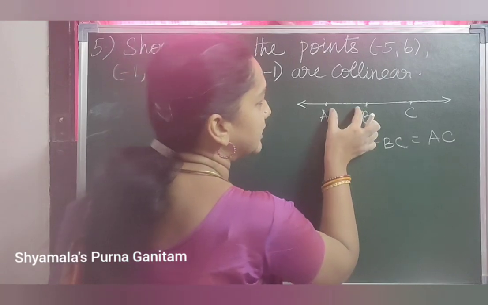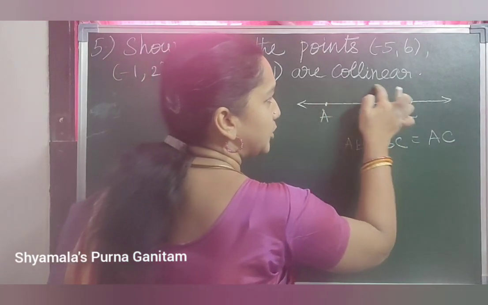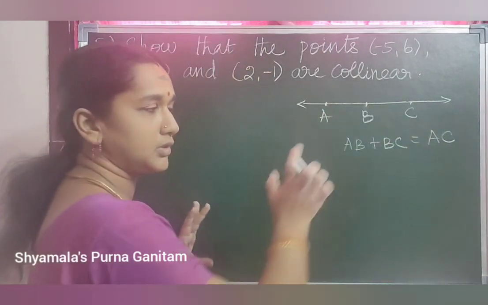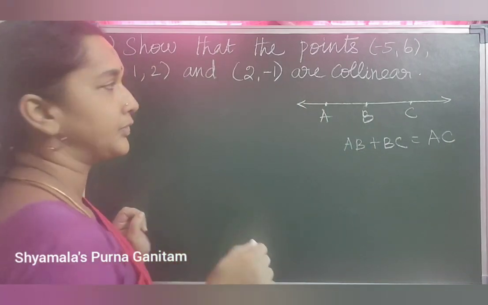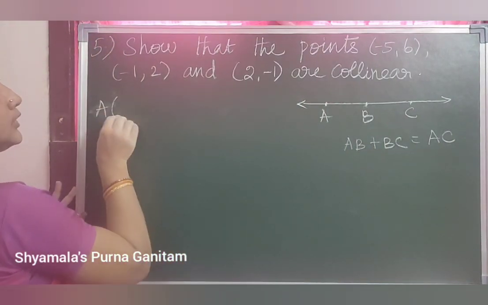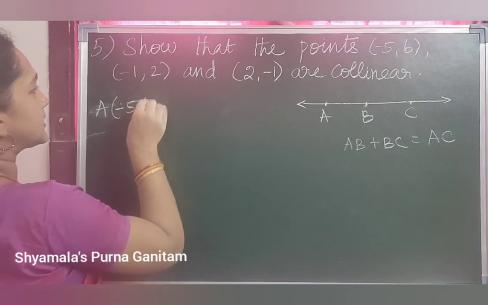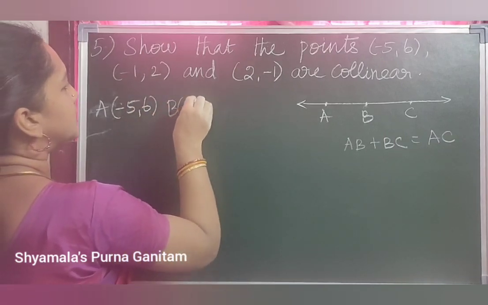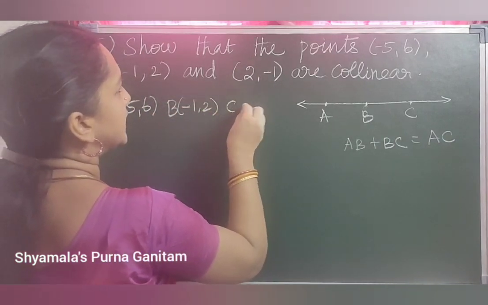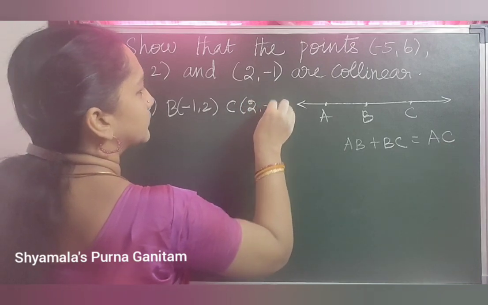So, when I add these two things together, I have to get the distance between this one. That is the thing I am going to do here. Okay. So, A minus 5, 6, B minus 1, 2, C 2, minus 1.